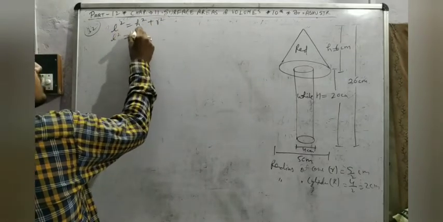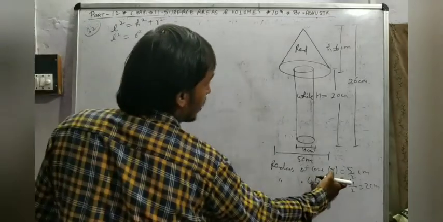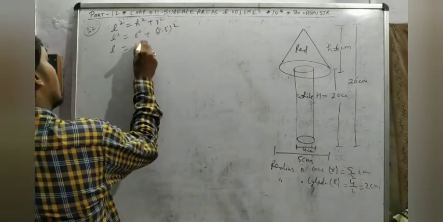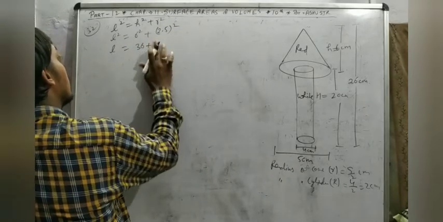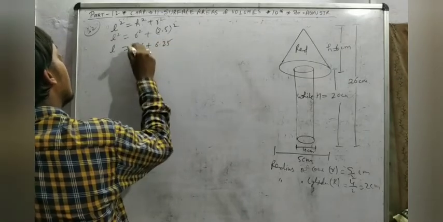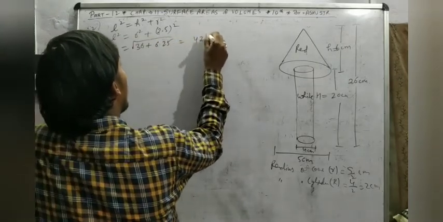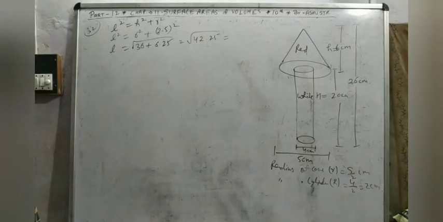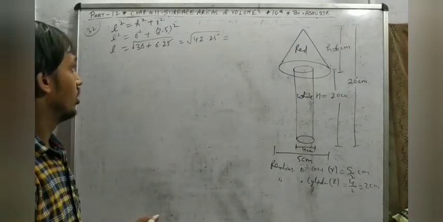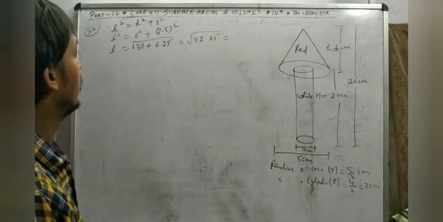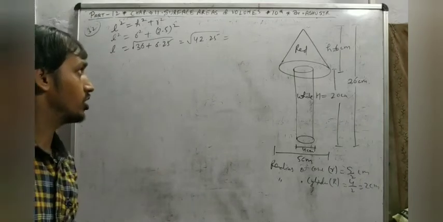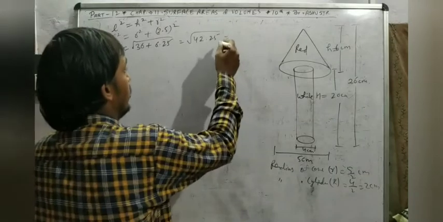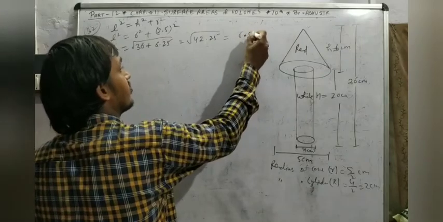L square is 6 square plus 2.5 square, that is 36 plus 6.25, whole square root of 42.25, which is 6.5 centimeter.